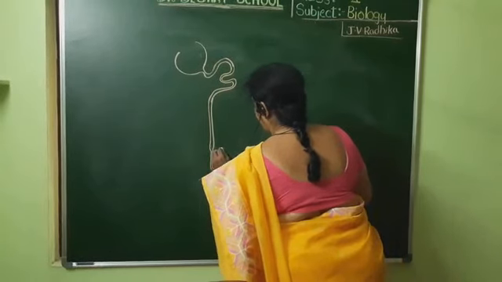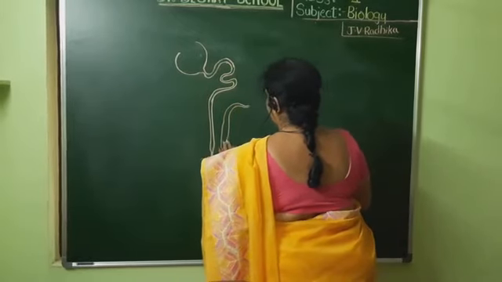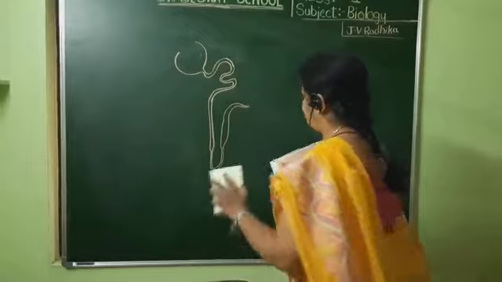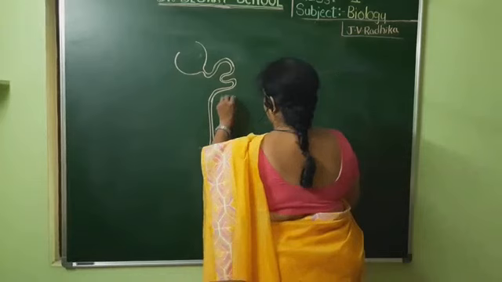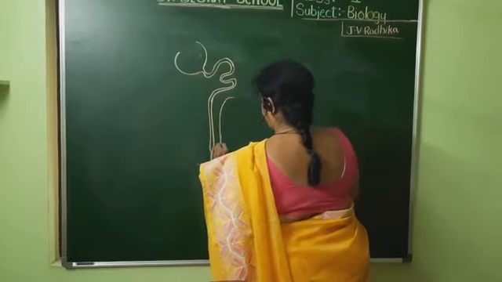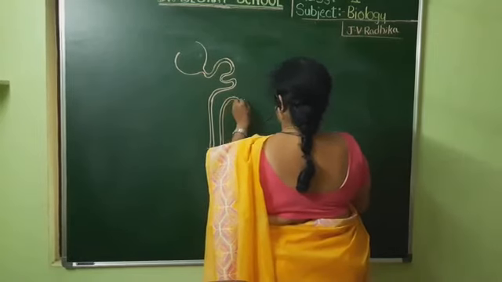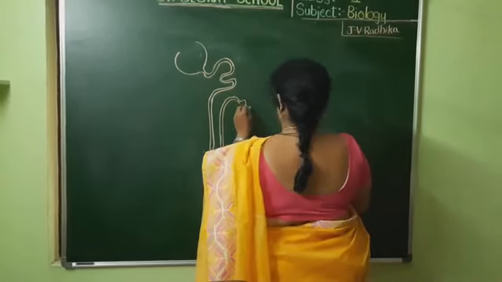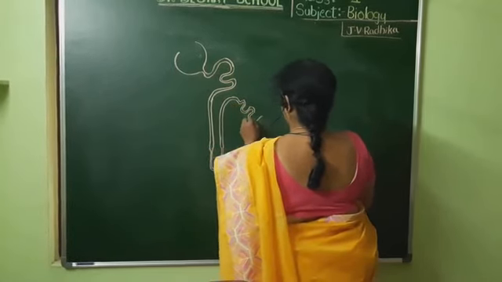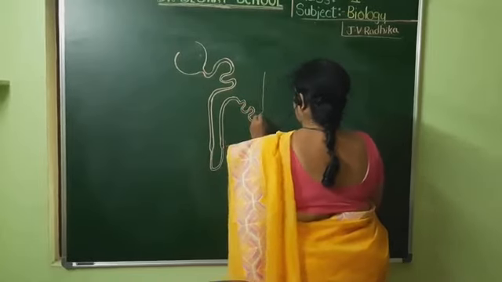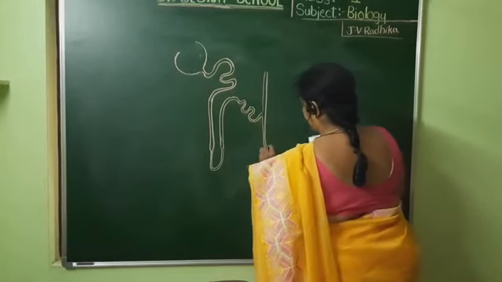So like this you can draw. Here you can see the last part of that, that is the distal convoluted tubule. It joins a long tube-like structure, and that tube-like structure is the collecting duct.